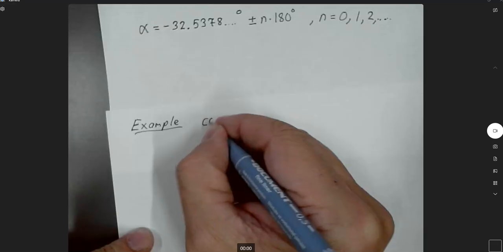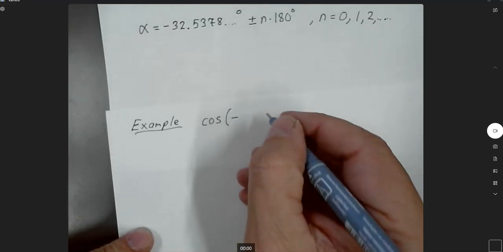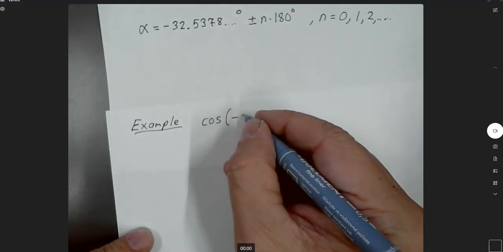I will take an example of cosine, and right now we have this kind of equation.